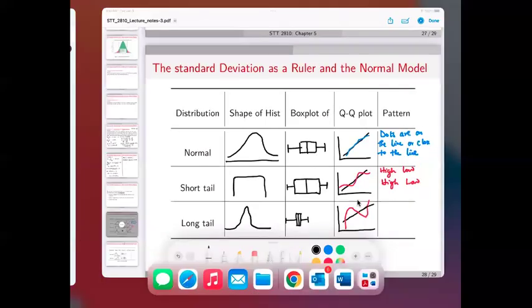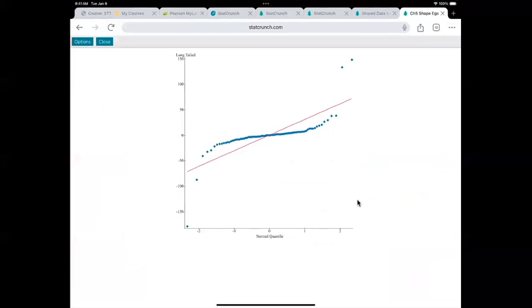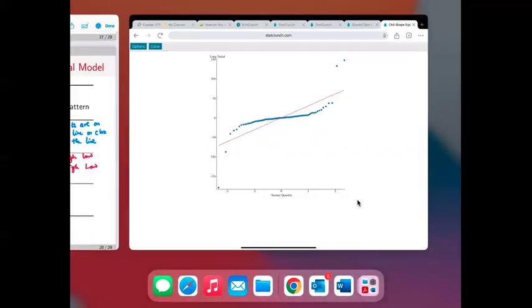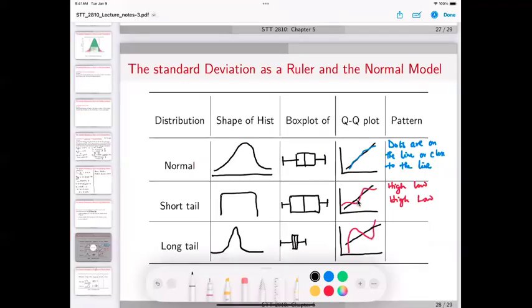Yeah, you see. So low, high, low, high, right? Good. So we have low, high, low, high. And then let's do that for the right tail.